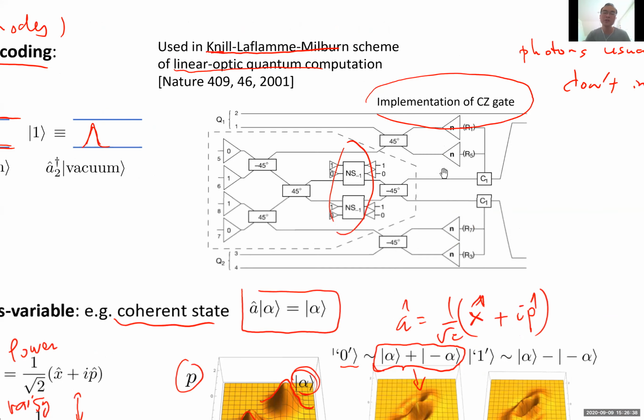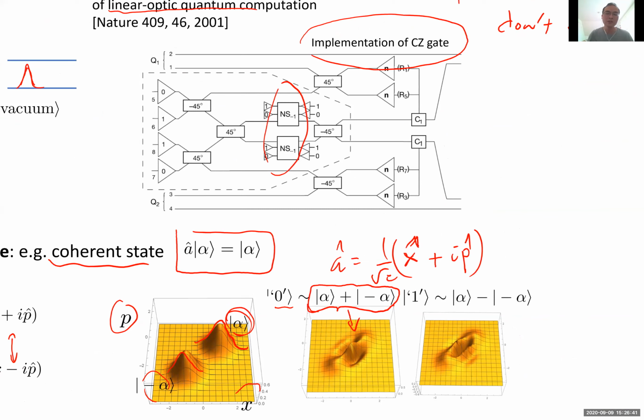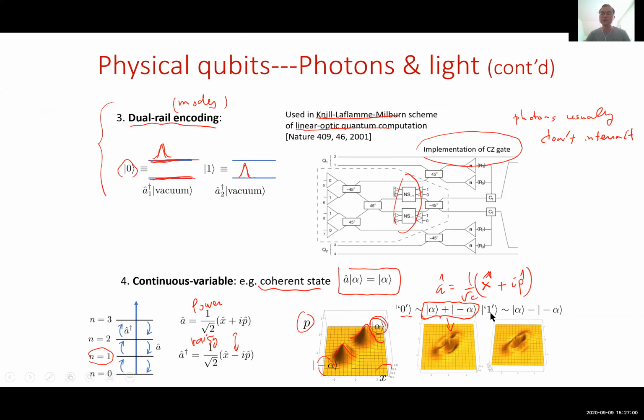You could also enlarge your screen on your end using the zoom options. So you see that the plus side has some interference pattern, and the minus side has a different pattern. So people use these to denote the logical 0 and logical 1.